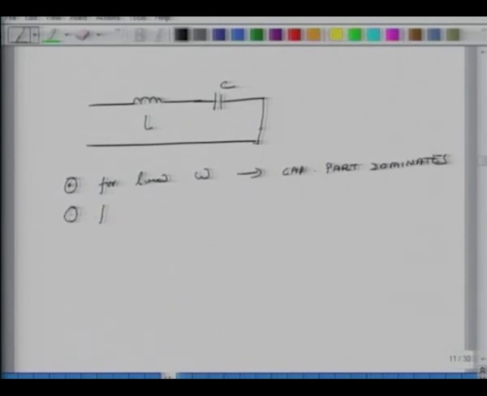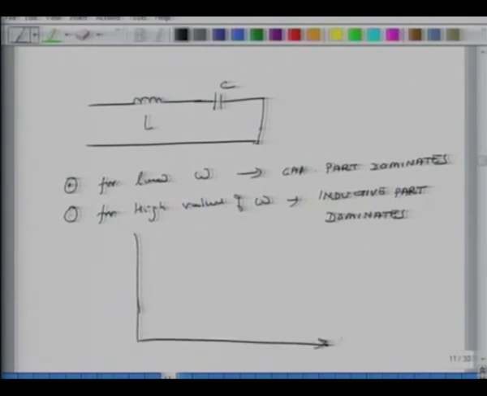And for high values of omega, the inductive part dominates. So if I plot the impedance, and this is my omega, the capacitive component will be infinite at 0, and it will fall like this.